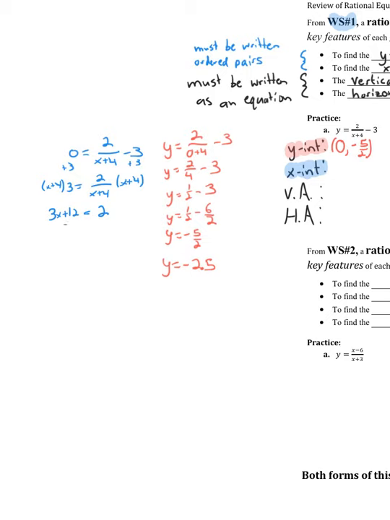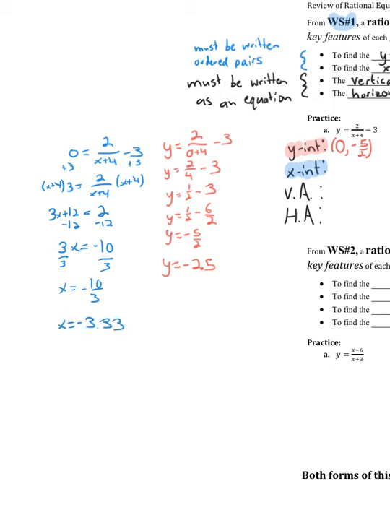And now I just have to solve algebraically for x. It's kind of tricky there, but you have to get rid of that denominator of the fraction completely. That's the hardest part for students, I think. Get rid of that denominator. I divide both sides by 3. I get x equals negative 10 thirds, which is negative 3.33.